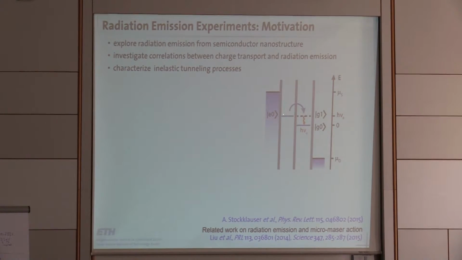We were interested in what happens when an electron tunnels from the source into the left dot, right dot, into the drain, and energy has to be relaxed. For example, if we tunnel from this state to the other state, there's an energy mismatch. And the question is, where does that energy go? We're trying to couple it into a resonator by providing this decay channel, by coupling the right dot to the resonator, and then looking at whether this tunneling process creates any radiation in the resonator.